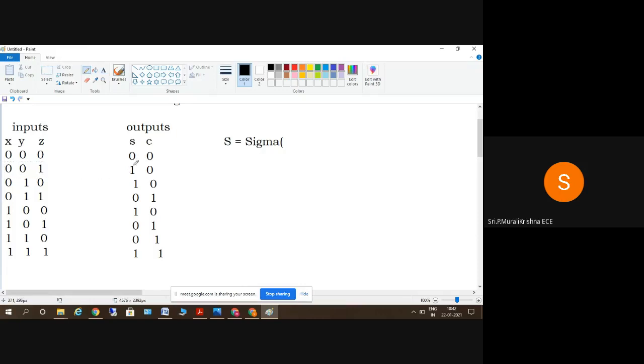What are the sum outputs? Where are the 1s? M1, M2, M4, and M7. Okay, so this is the sigma symbol. So sigma of, this is sum here.